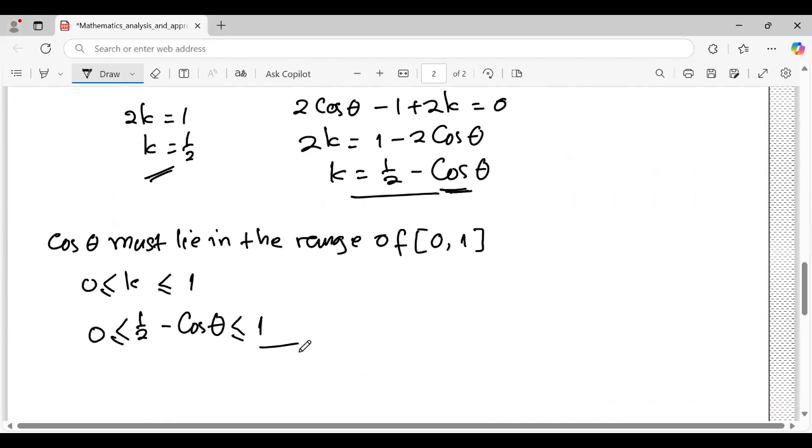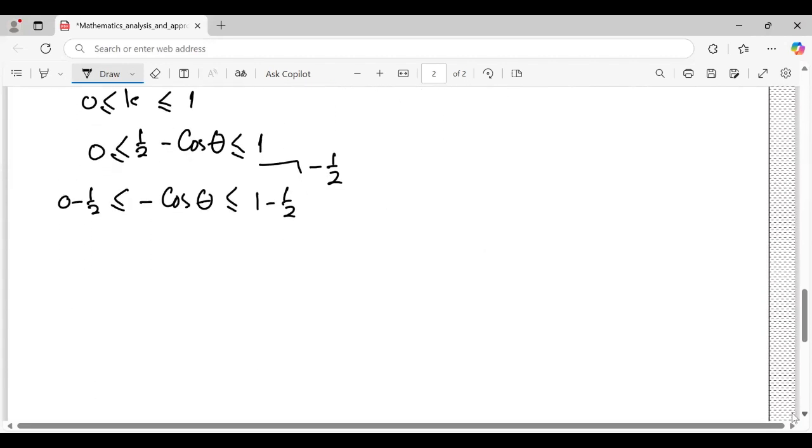And after that, minus 1/2. If 0 minus 1 becomes 0 minus 1/2, this becomes minus cosine theta, 1 minus 1/2. It becomes minus 1/2, cosine theta, 1/2.